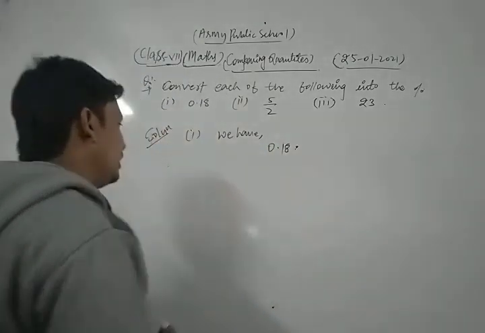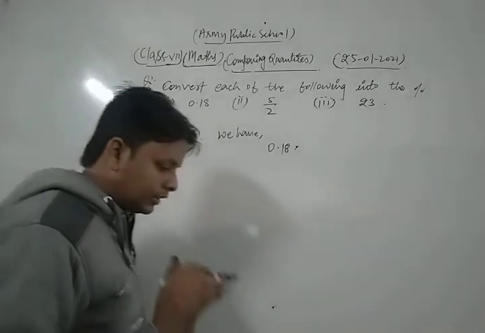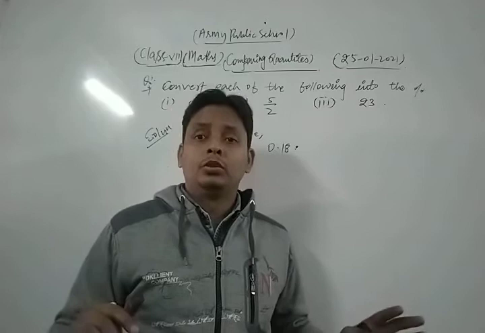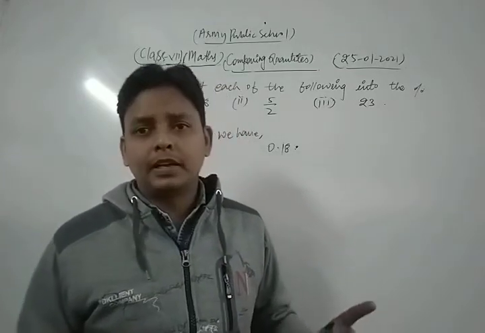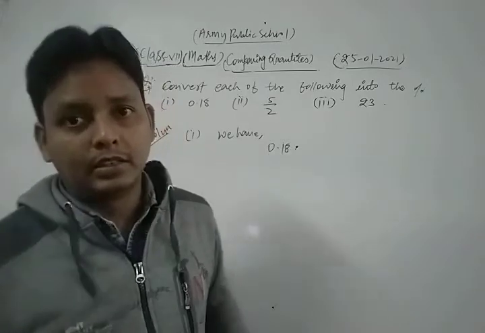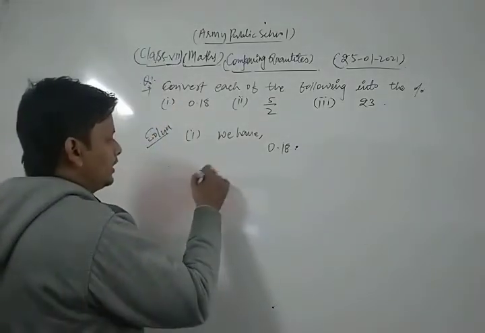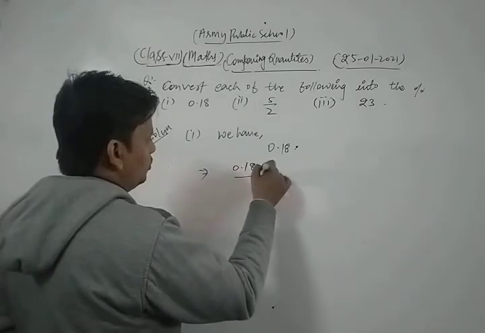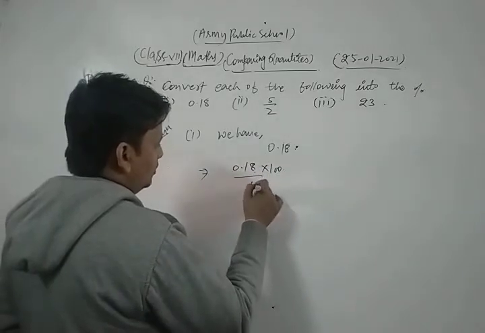First of all, we write 0.18. Dear friend, to convert any type of number into percentage, first of all we multiply both the numerator and the denominator by 100. Now we can write 0.18 into 100 upon 100.